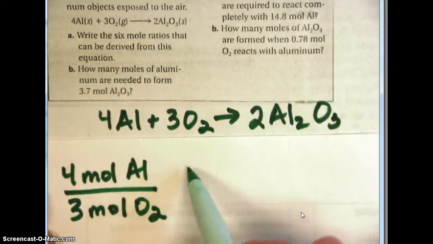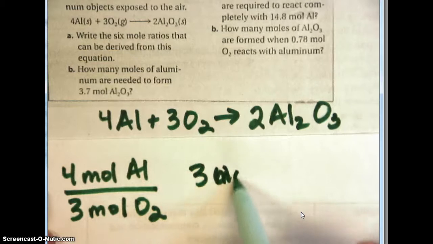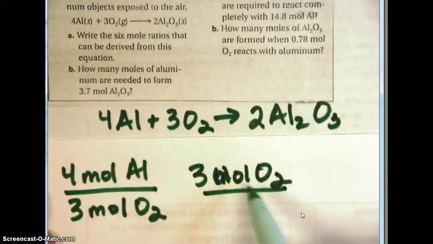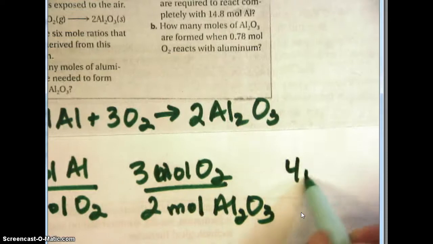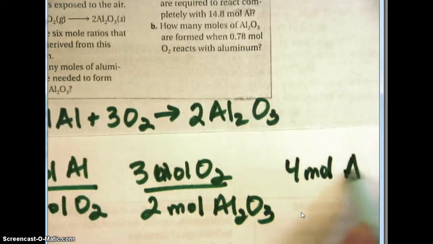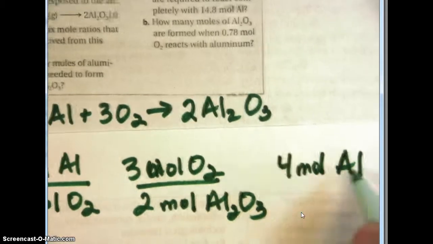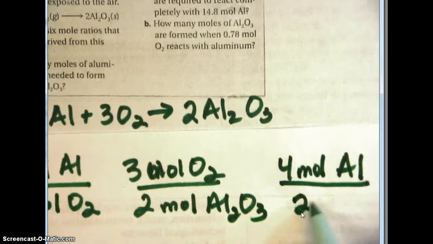The second one we can look at, 3 moles of oxygen react with 2 moles of aluminum oxide. And the third one would be 4 moles of aluminum react with 2 moles of aluminum oxide.